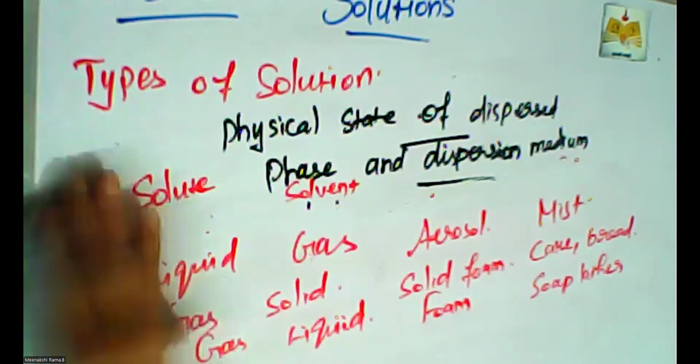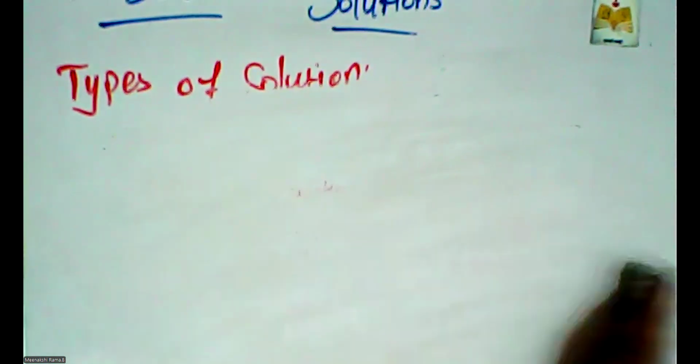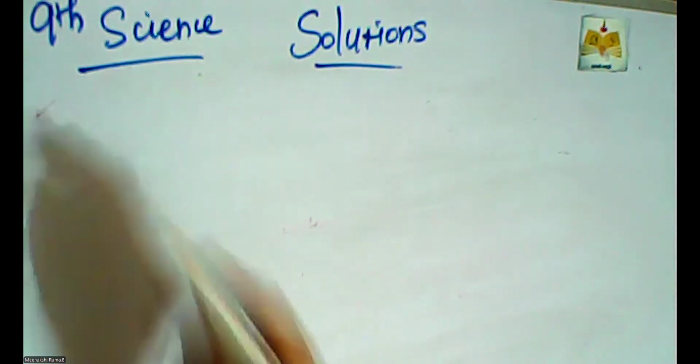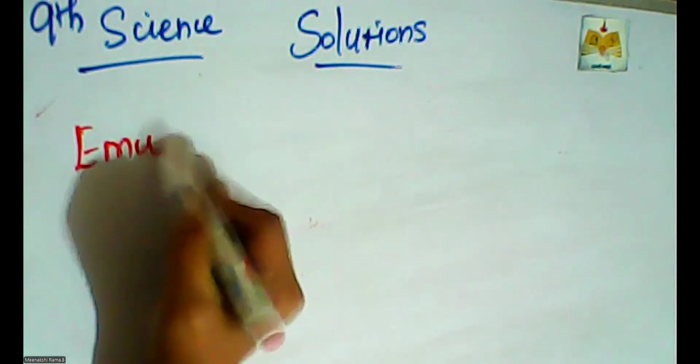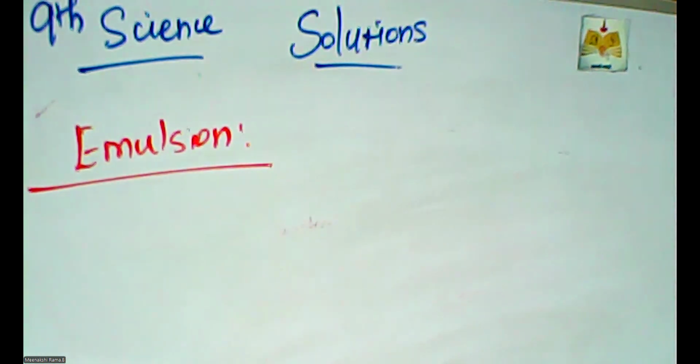Another topic is emulsion. What is emulsion? Emulsion is a colloid of two or more immiscible liquids dispersed in another liquid.